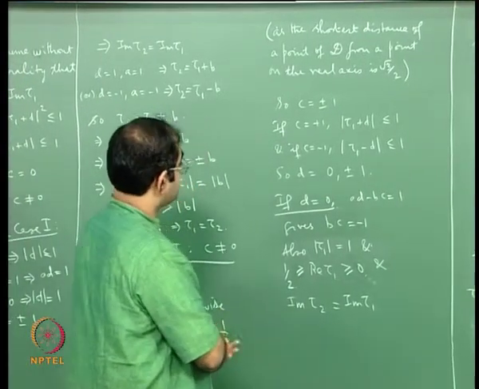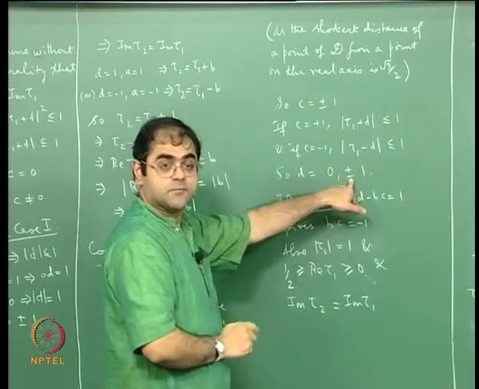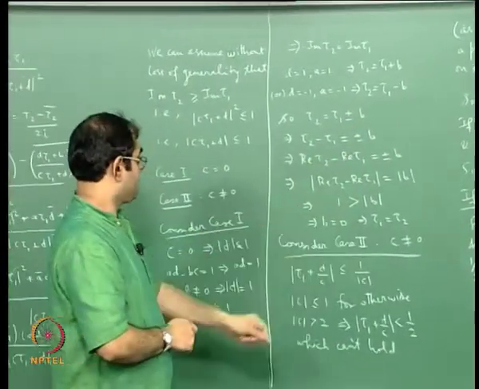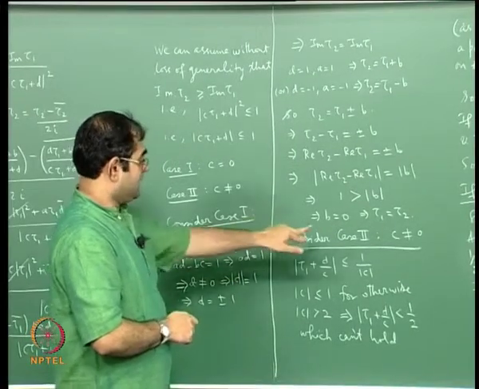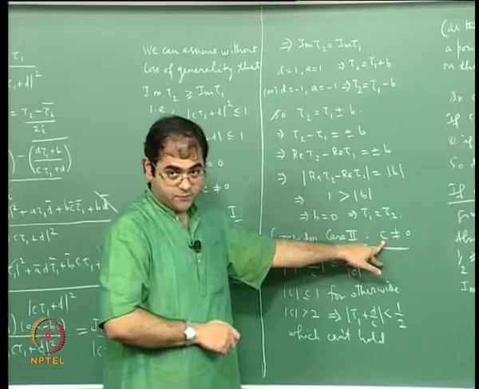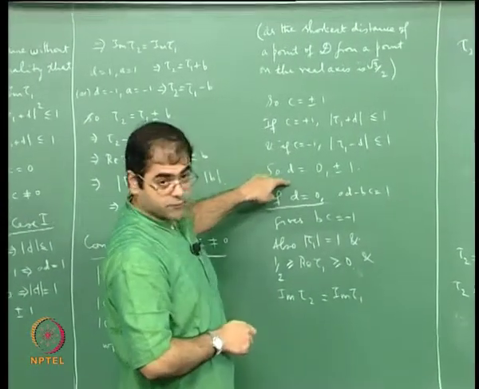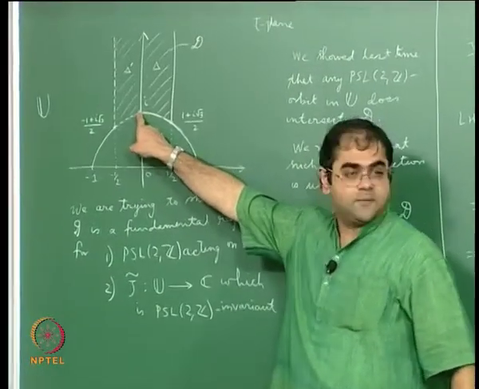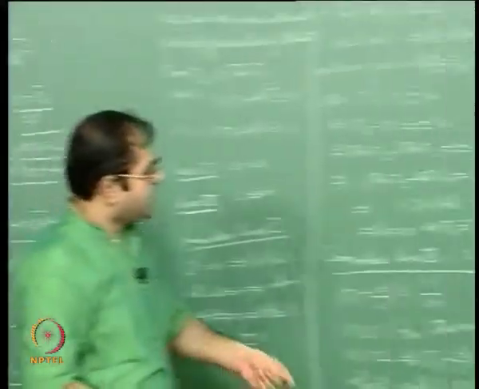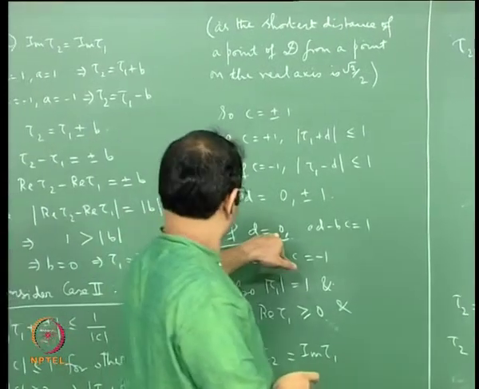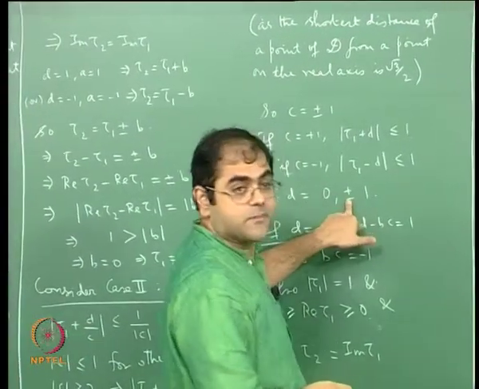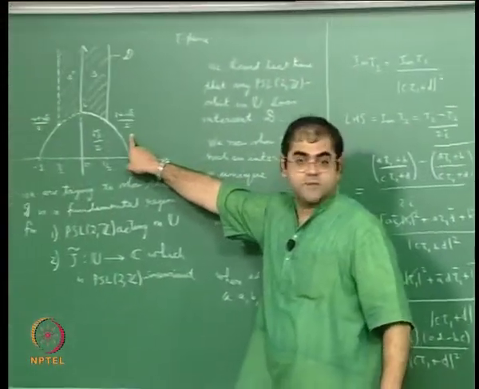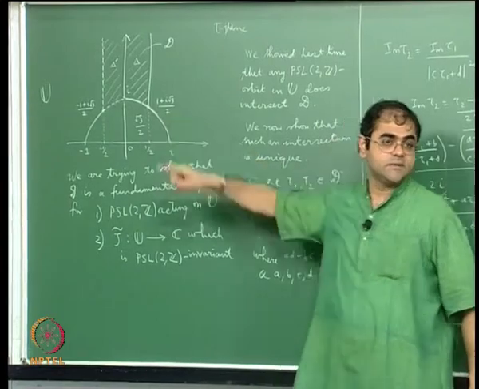Now we will have to look at the case when D is plus or minus 1, okay. So the point is that in the subcase when C is not equal to 0, D equal to 0 corresponds to tau 1 equal to tau 2 equal to i, okay, and D not equal to 0, which means D is equal to plus or minus 1, will correspond to tau 1 equal to tau 2 equal to 1 plus i root 3 by 2, that is what we will show essentially, okay.